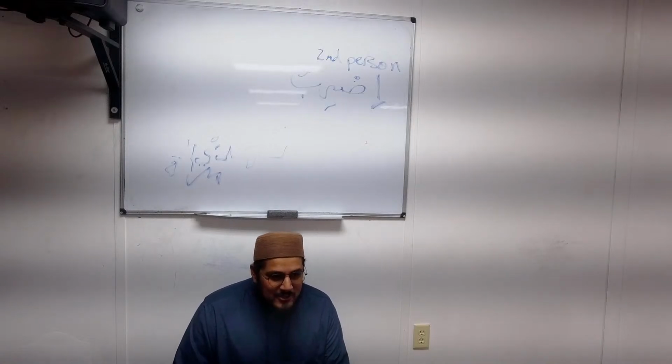The noon kasra shows you that it is dual. Okay? Now, if we messed with that, we changed that into a dhamma and said muslimanu, we wouldn't have the ni that tells us that this is dual. Yeah. So, the noon kasra does not tell you the state. What tells you the state is actually the alif.